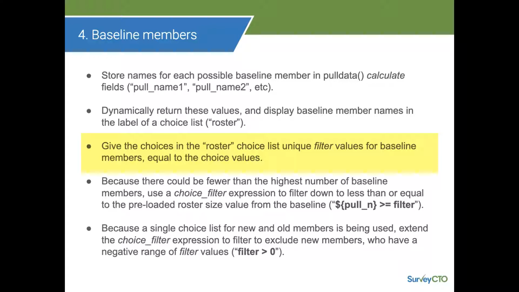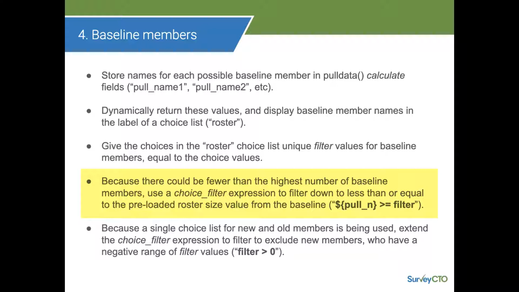The choices in the choice list need to be given unique filter values of baseline members, equal to the choice values. Because there could be fewer than the highest possible number of baseline members, you need to cater for the maximum choice list size. This is partly because a calculate field per dynamically named choice is required in the design.